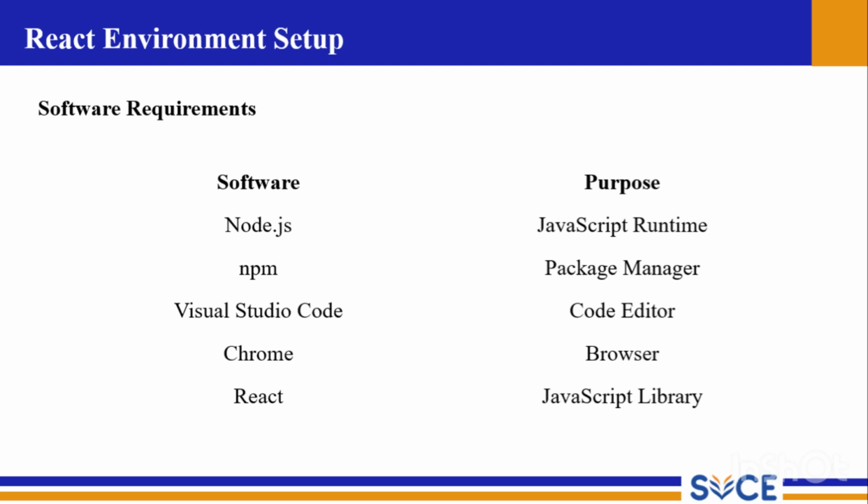Visual Studio Code is a lightweight and powerful editor used to write and organize React code. We also need a web browser such as Google Chrome or Microsoft Edge to run and test our application. Finally, the React library itself provides the tools needed to build user interfaces.